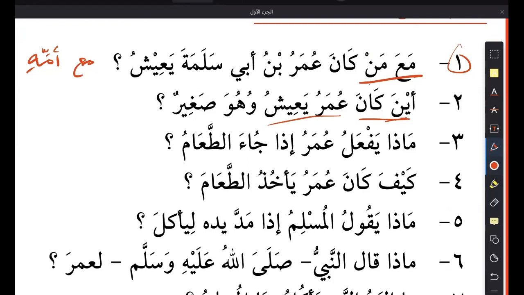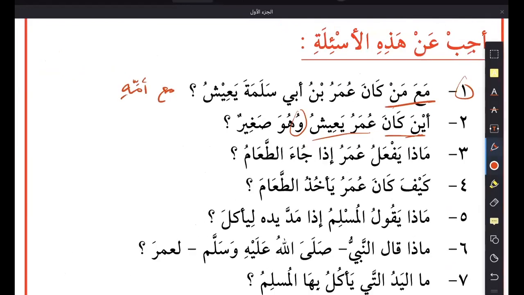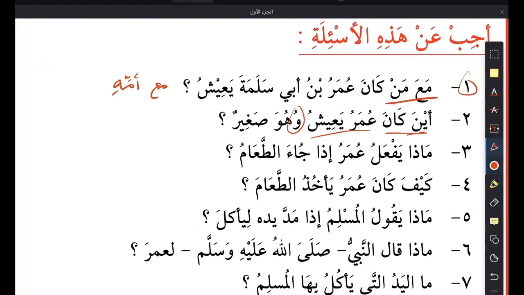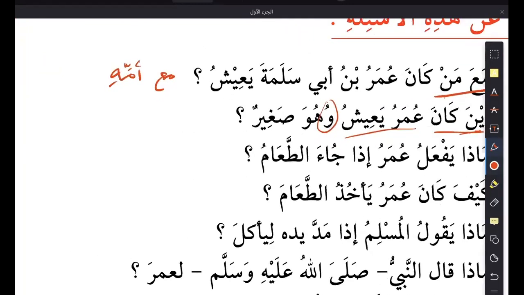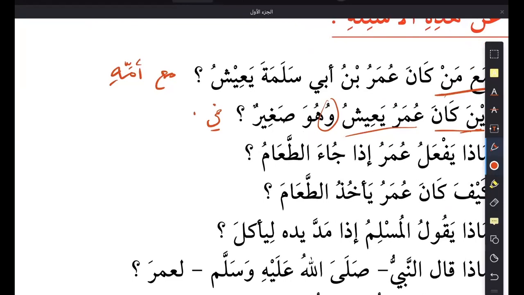As I mentioned to you before, this waw here is waw al-hal, meaning you translate it as while he was small. So the answer is في بيت النبي, right? He used to live in the house of the Prophet صلى الله عليه وسلم.